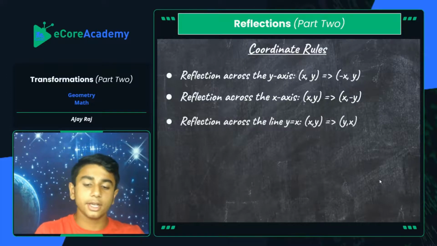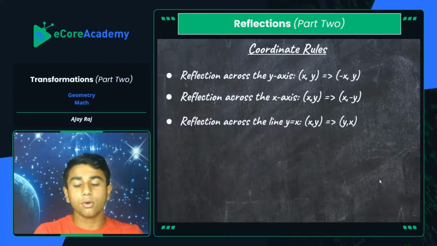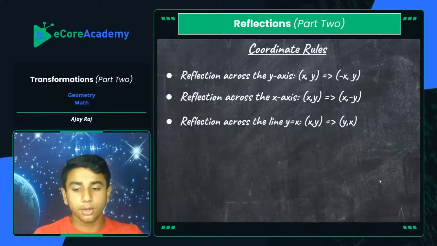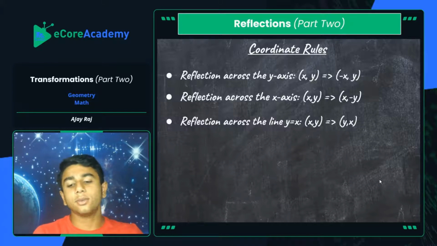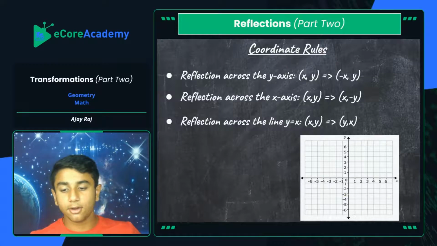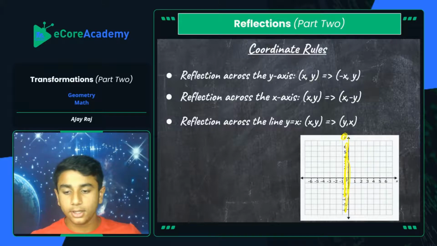And then finally, for our next line, it's going to be reflection across the line y equals x, and it'll map from x, y to y, x, so you're just flip-flopping the coordinates. And what that looks like here, this is your y-axis here. It goes up and down right here. Right here, I'm highlighting that. And then you have your x-axis here, and it's moving from left to right.